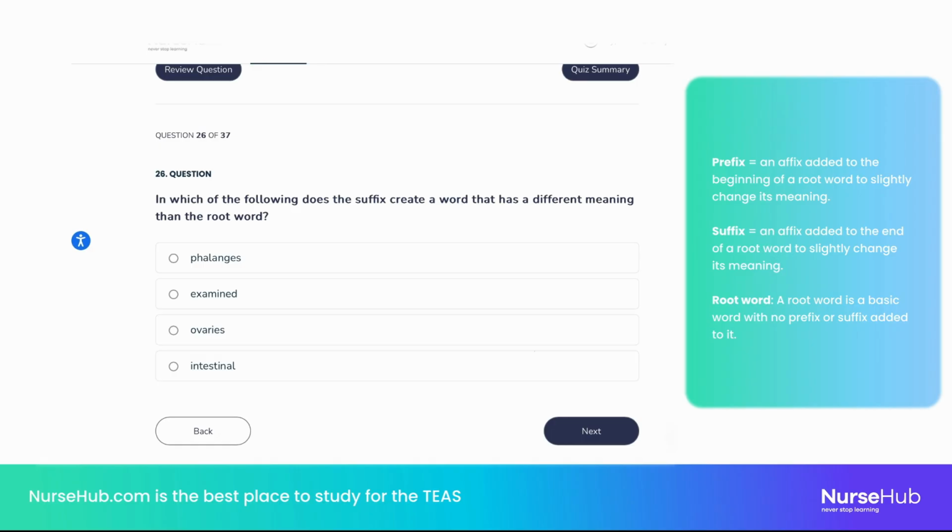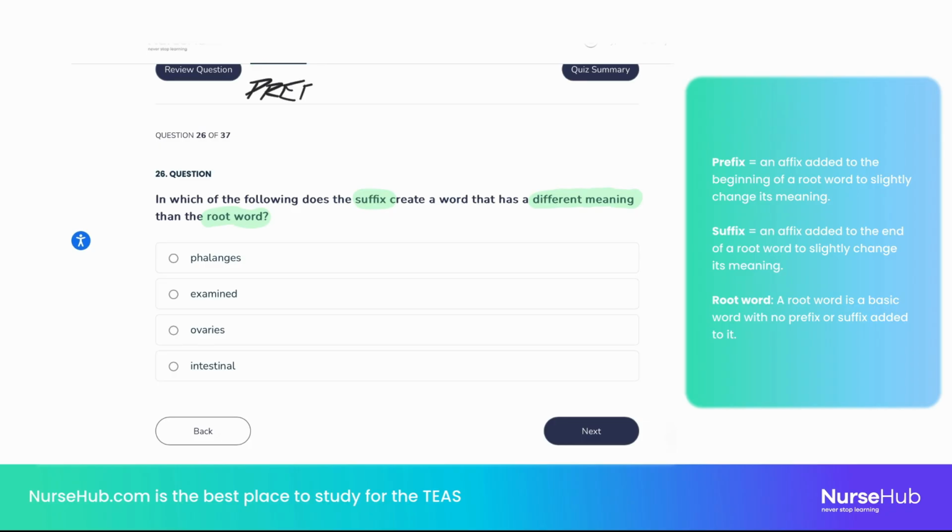Question number 26. In which of the following does the suffix, just talked about these, suffix again goes at the end, create a word that has a different meaning than the root word? Again, so let's write this one more time.